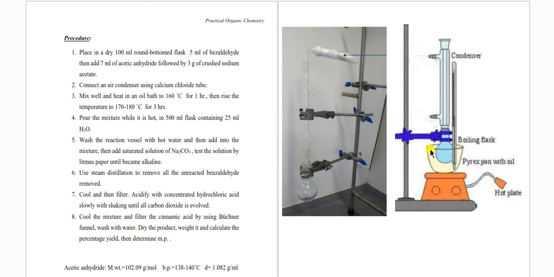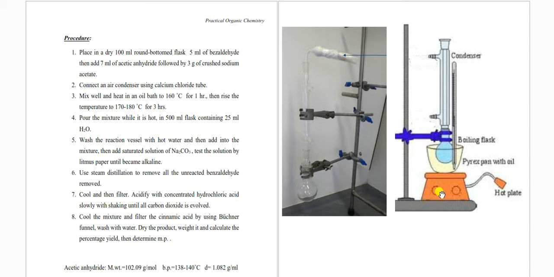If you have sand, use sand, and start heating for 1 hour at 160 Celsius. After 1 hour, raise the temperature of the hot plate to about 170, 180 or up to 200 Celsius for 3 hours. So the reflux will finish after 3 hours.